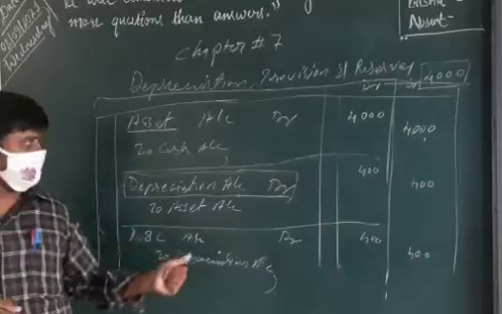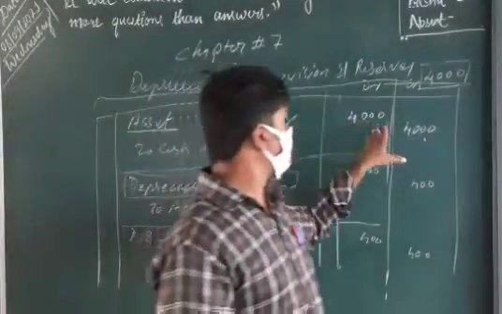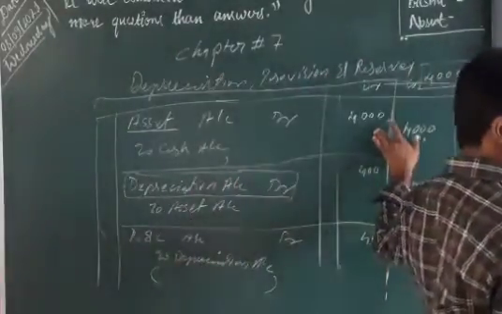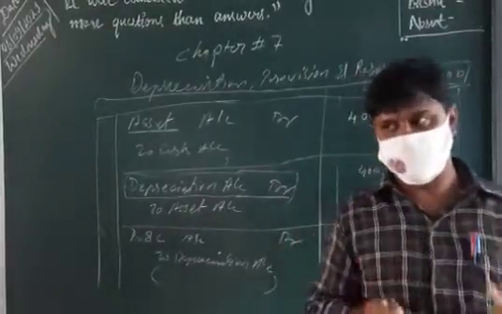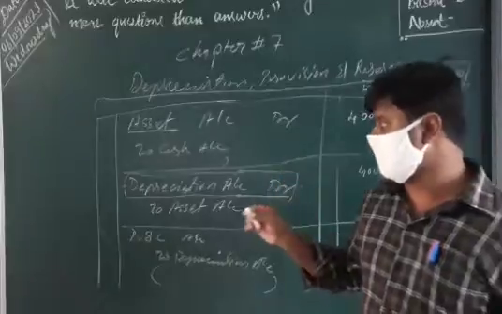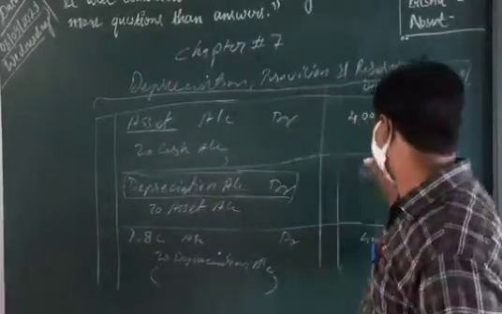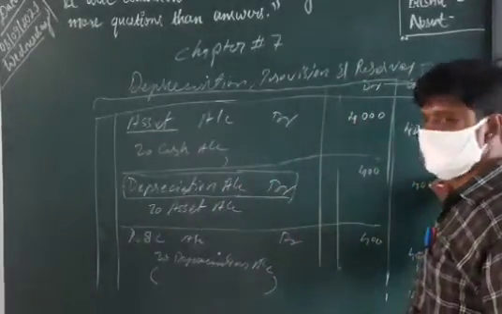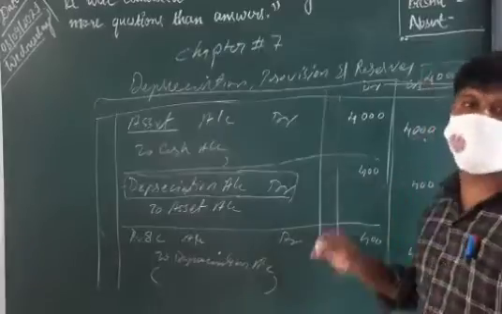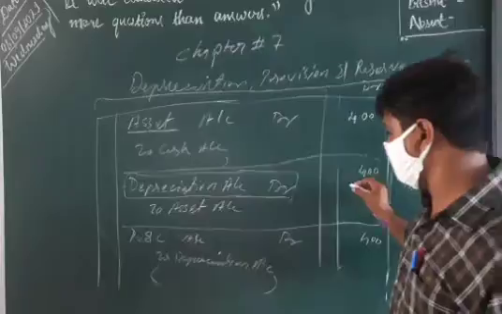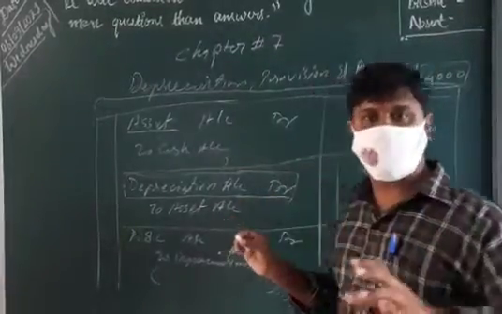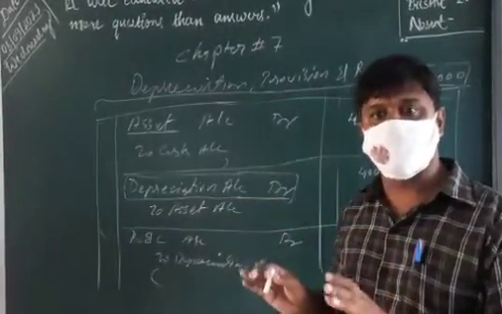So in the balance sheet, at the beginning of the year, our asset, that means we are showing that bicycle at this much rupees. But at the end of that year, its value from this 4,400 is reduced. Automatically it is reduced. Clear now? Yes. You understand now? The asset value is already reduced in the balance sheet.